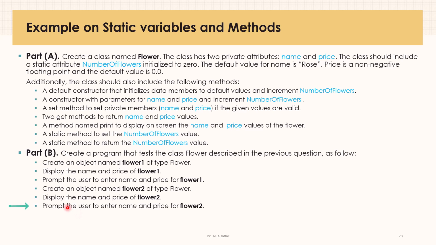And again, we are going to prompt the user to enter a name and a price for flower2, and then finally we need to get the method for number of flowers to display how many objects we created from the class Flower. So let's go to JGrasp and do these remaining steps.